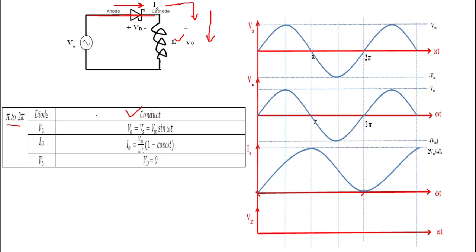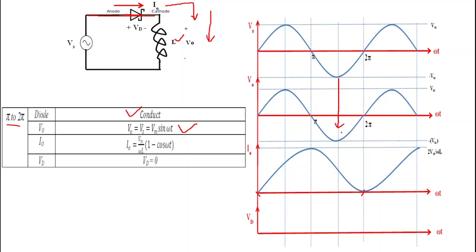That's why from pi to 2 pi also we get output voltage equal to Vs, that is equal to Vm sin omega t. So from pi to 2 pi also the source voltage will appear across the load. That's why from pi to 2 pi the negative half cycle will appear across the output.